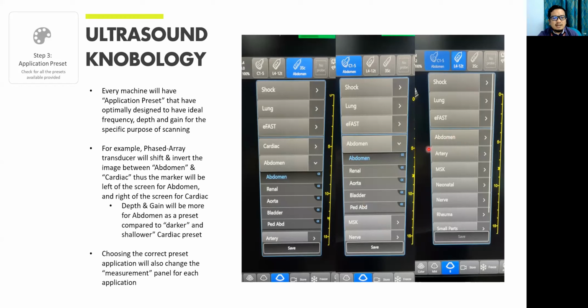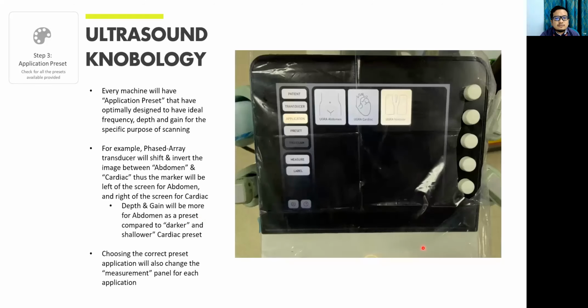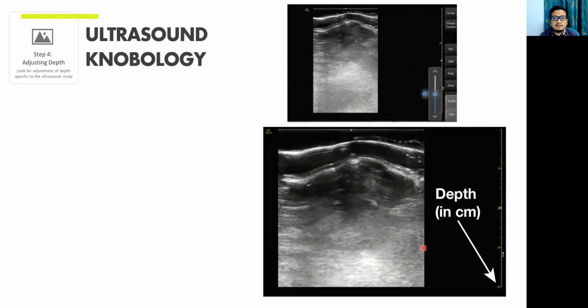Okay, depth and gain will be more for the abdomen preset compared to the darker and shallower cardiac preset. So the manufacturer has designed it in such a way that different presets will have the best optimal imaging gain for the study. So like this, you can choose between vascular, cardiac, and abdomen.